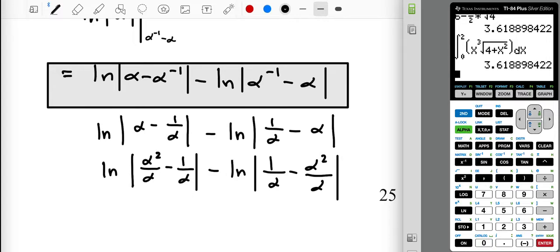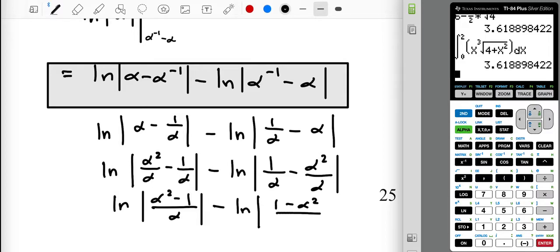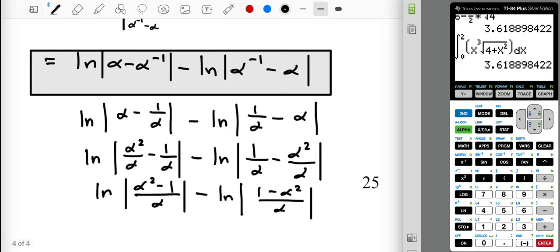All right. So then we could put them together. Well, we could put each individual pair of fractions together. ln of alpha squared minus 1 over alpha, minus ln of 1 minus alpha squared over alpha. Now, we could break apart with log rules.